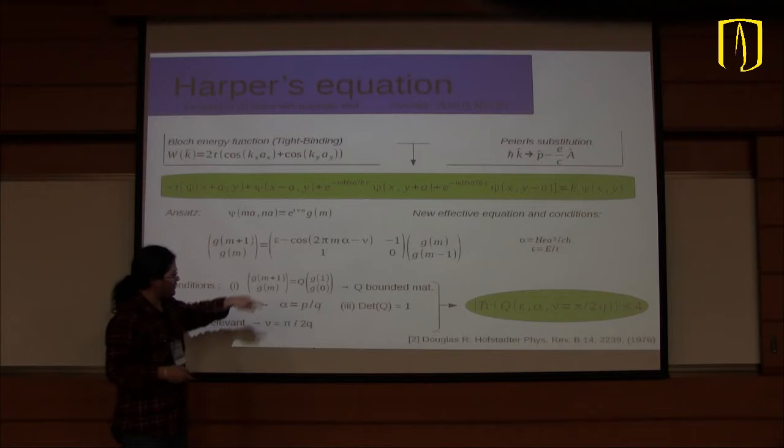So the final phase will be just 2 pi alpha. So now the physics is encoded in this. Is it okay?